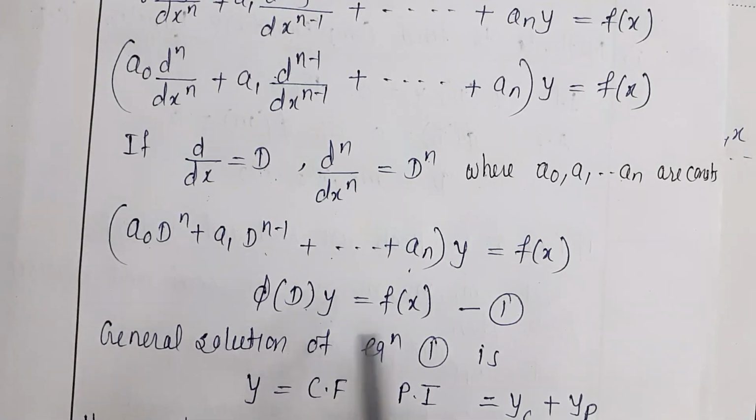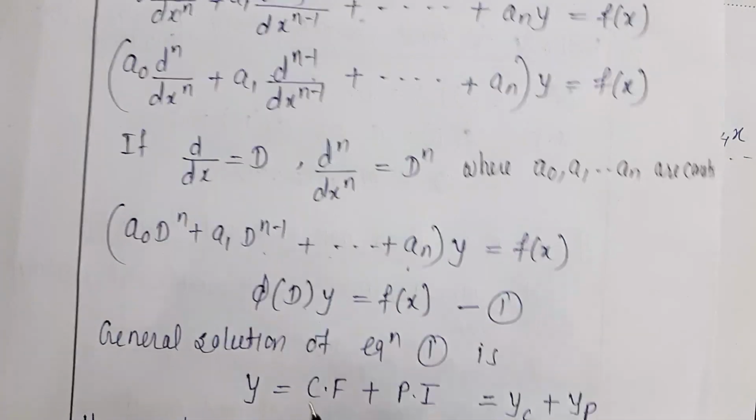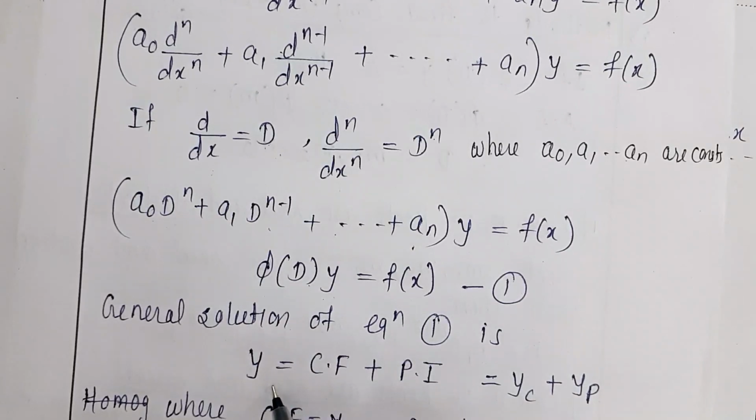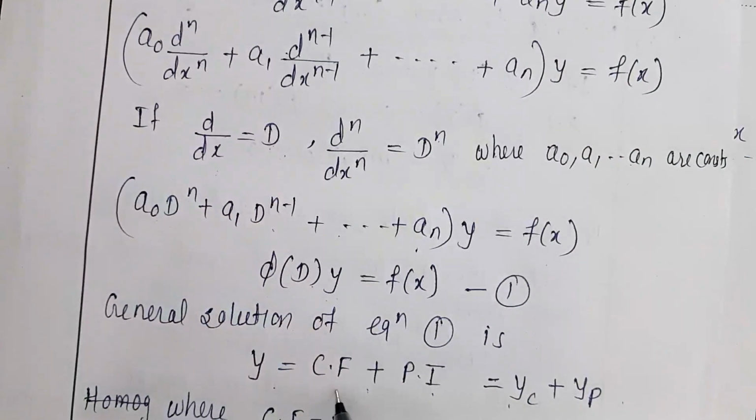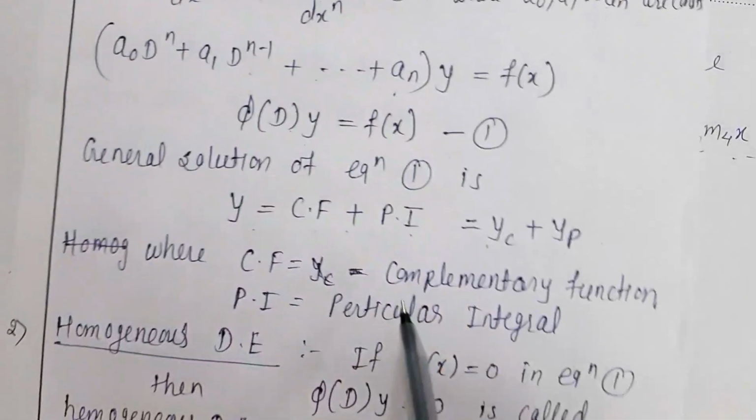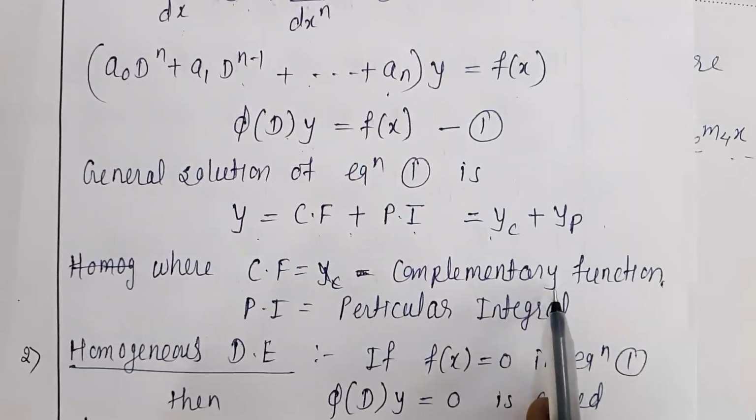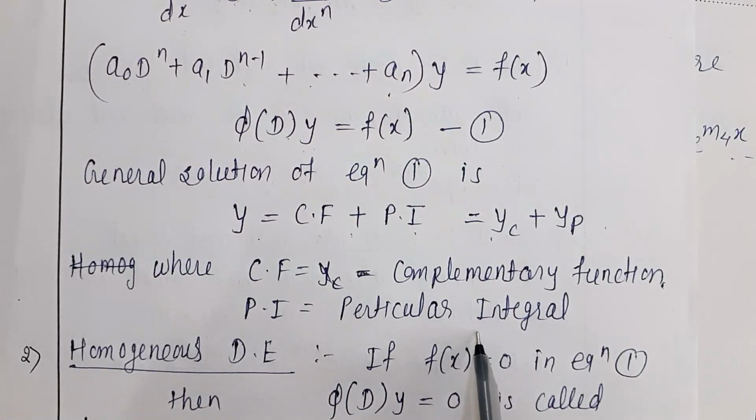The general solution of equation 1 is y equals CF plus PI, or sometimes yc plus yp, where CF is the complementary function and PI is the particular integral.